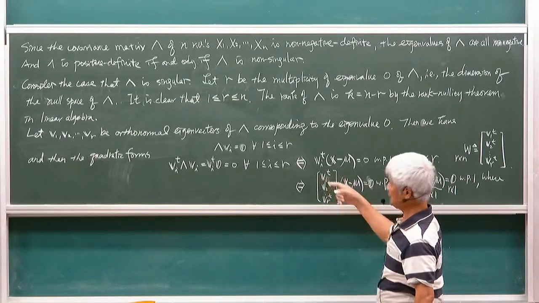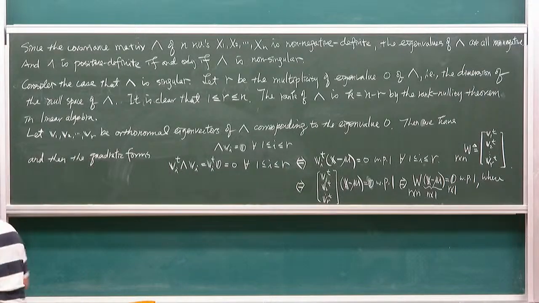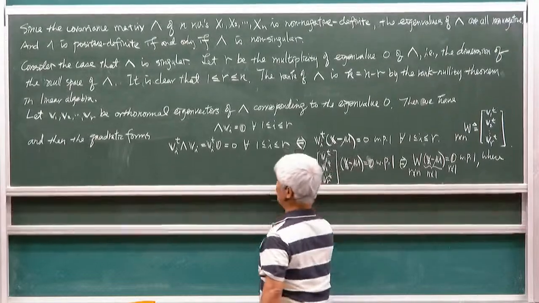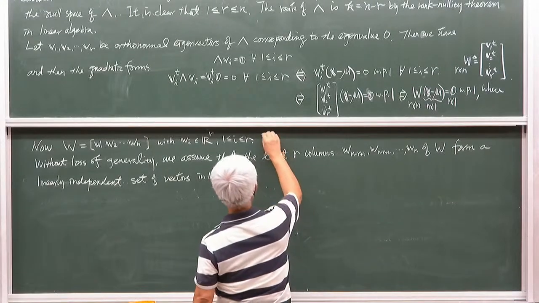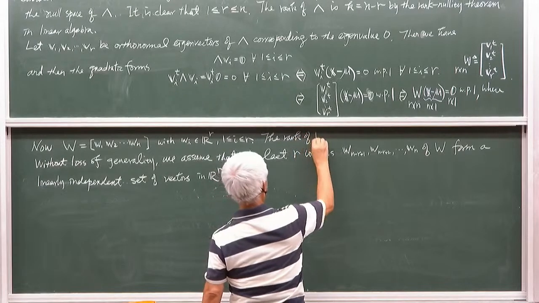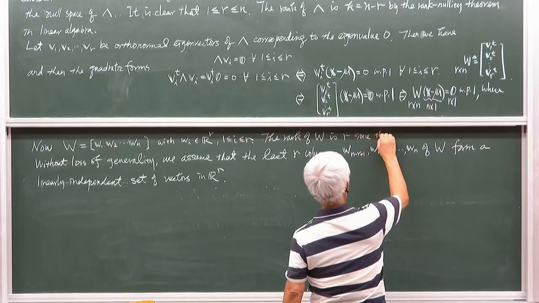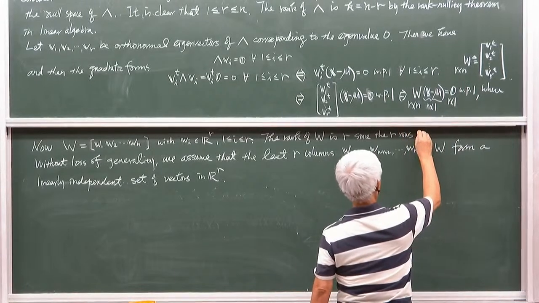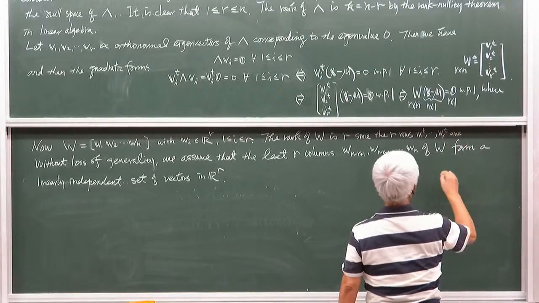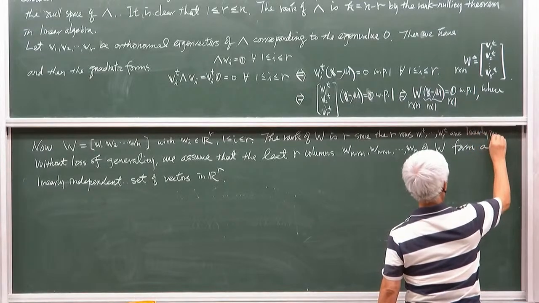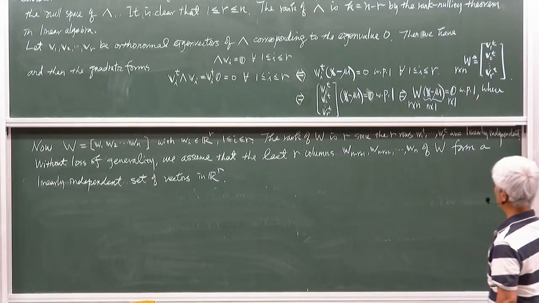So we have R linearly independent rows, and the rank of W is R, since the rows are linearly independent.